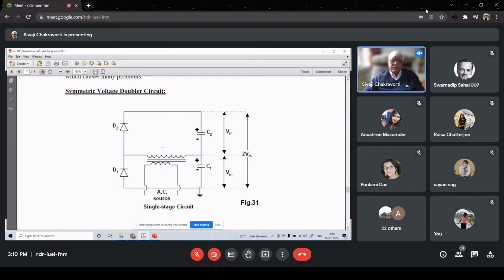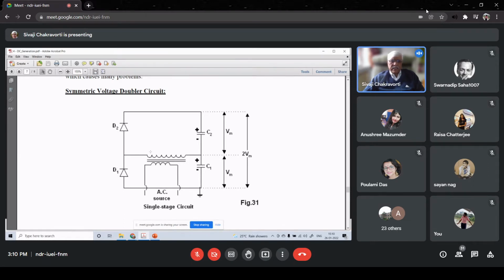In the next half cycle, the left side of the secondary becomes positive, the right side of the secondary becomes negative. The moment it happens, the diode D1 immediately becomes reverse biased.